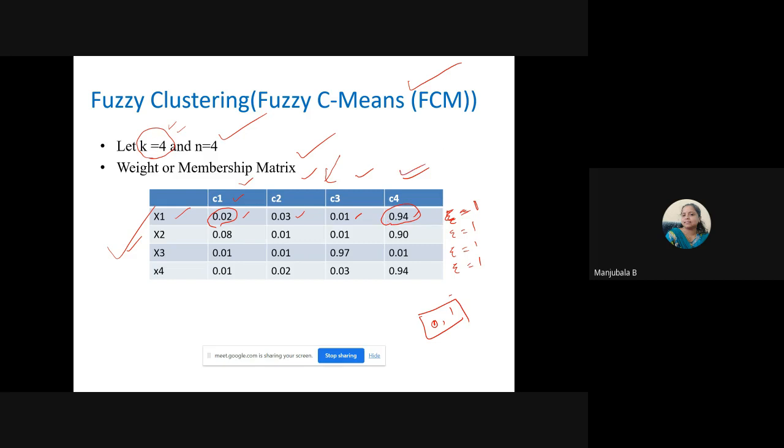X2 again belongs to cluster C4. X3 belongs to cluster C3. X4 again belongs to cluster C4. So we are able to convert these 4 data points into 2 clusters only, depending upon the membership matrix.